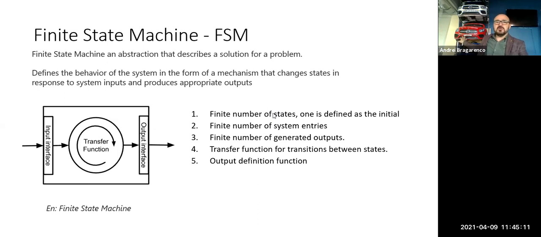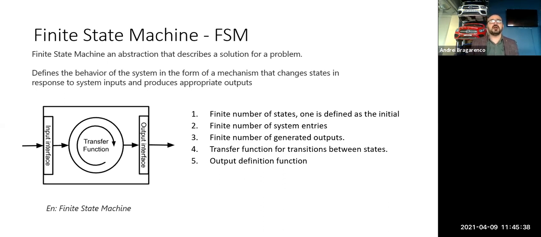Let's say that we have a car, and let's define the states in which this car can be at a specific moment. It could be in an initial state or an idle state, meaning it is in the parking state and switched off.